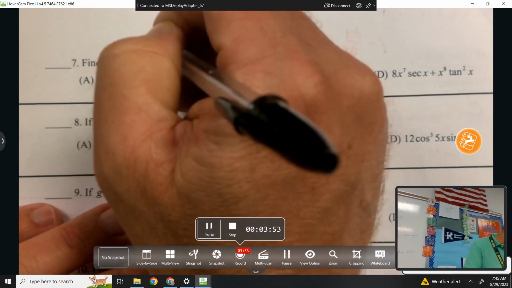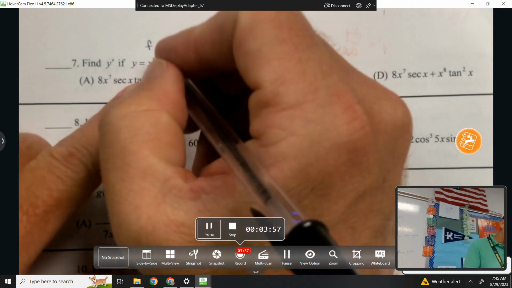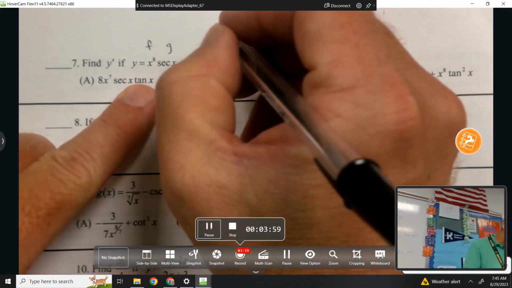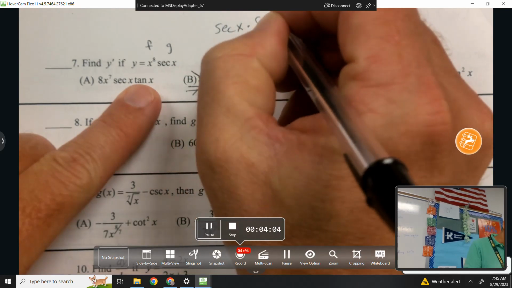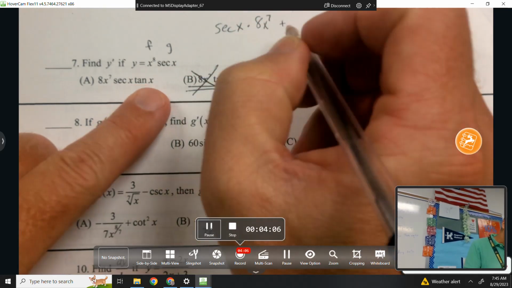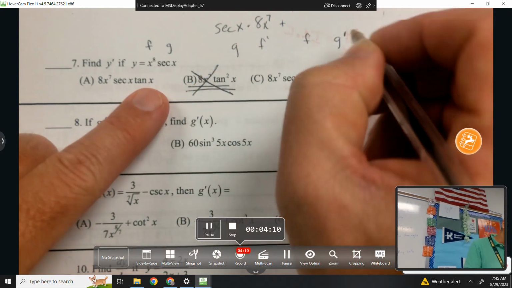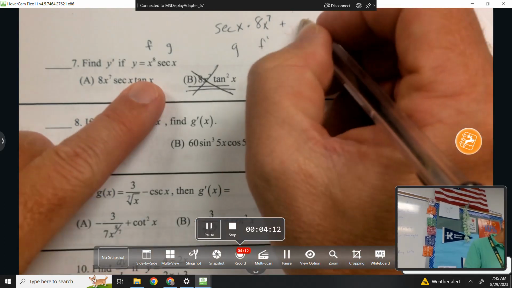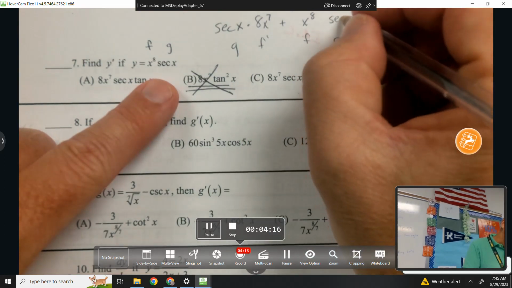So I'll call this one F, this one G. So G F prime would be secant x times 8x to the 7th, plus the other way around, F G prime, x to the 8th. Derivative of secant is secant tangent.